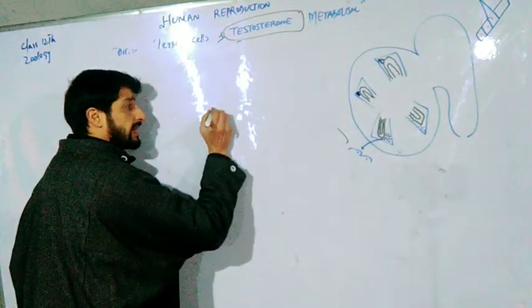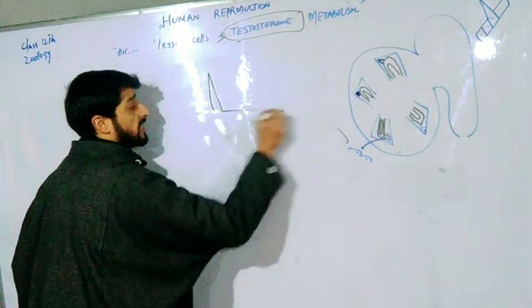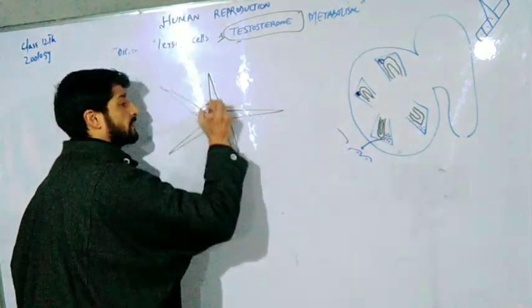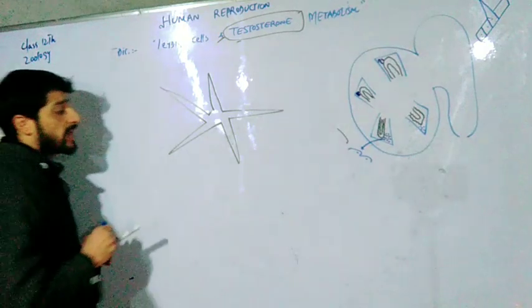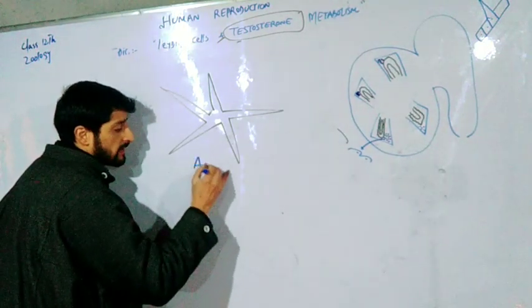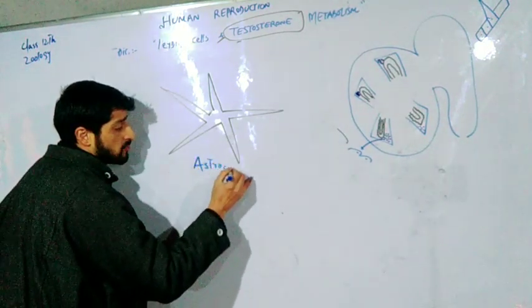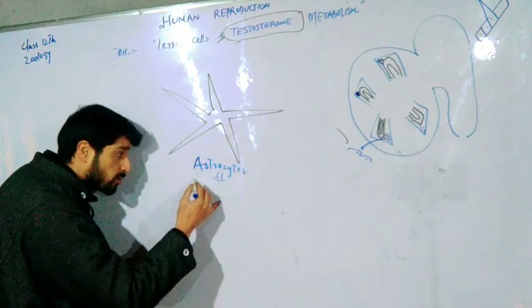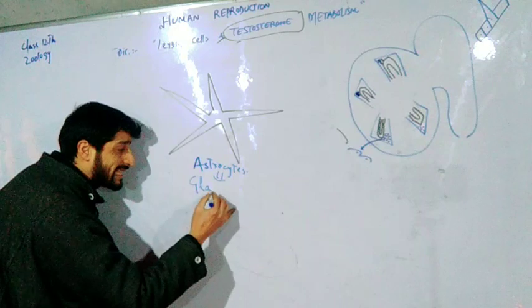In our brain, there are present special types of cells. These cells are actually known as astrocytes. Astrocytes are a type of special cells. Those cells are known as glial cells.